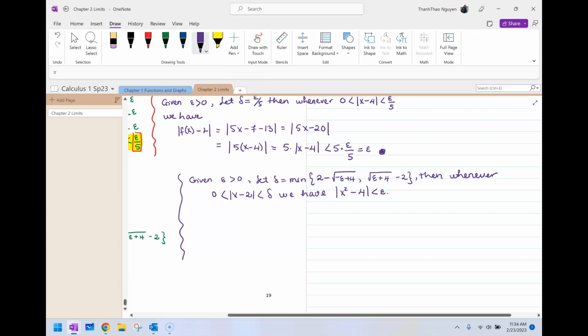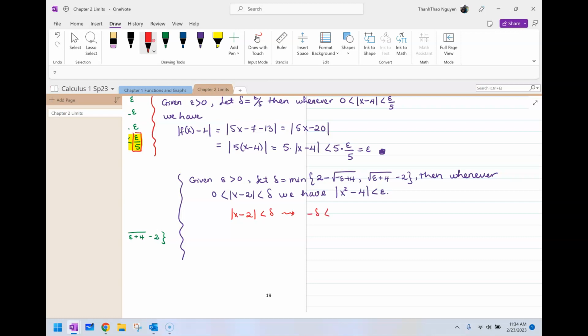Let's show that. Because we have |x − 2| less than delta, this value is always greater than 0, so we can write this as negative delta is less than x − 2 less than delta.